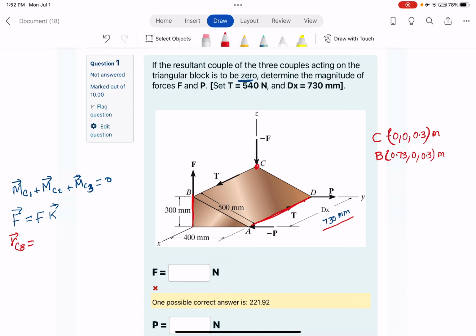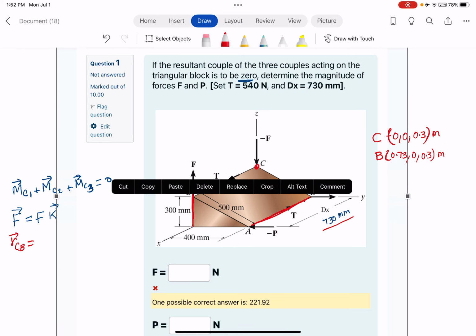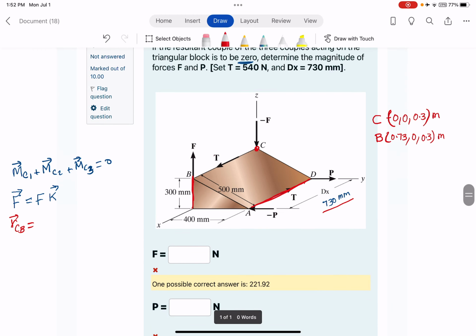So if you want to find RCB, then B minus C: 0.73 i, 0 minus 0, 0.3 minus 0.